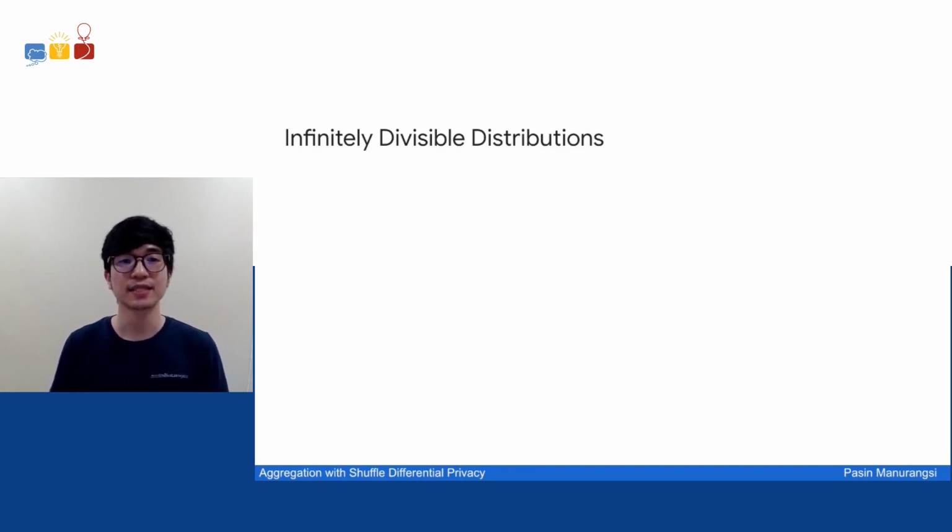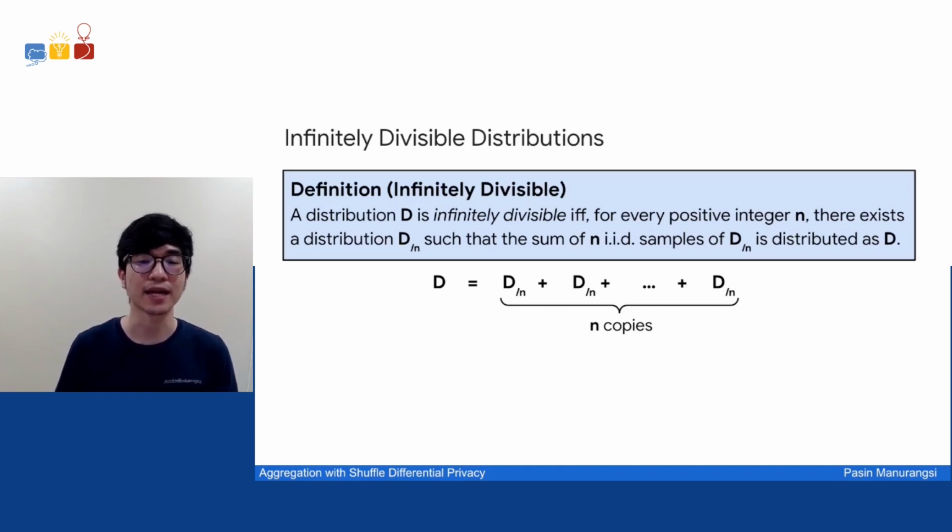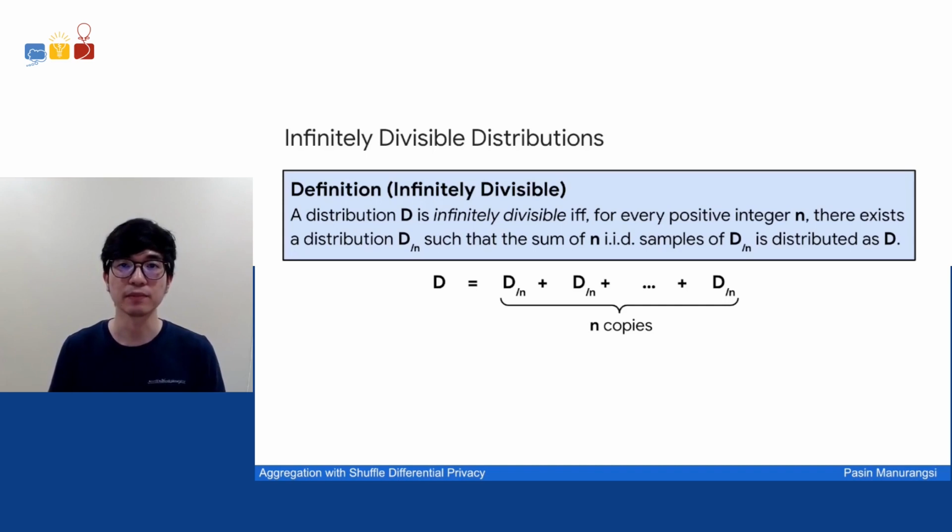A distribution is said to be infinitely divisible if for every integer n, you can find another distribution, here I'm denoting it by D with subscript divided by n, such that if you take n IID samples from D divided by n and sum them up, it's distributed as the original distribution that you want, the distribution D. And this is very nice because this means that each user can sample their noise from this D divided by n.